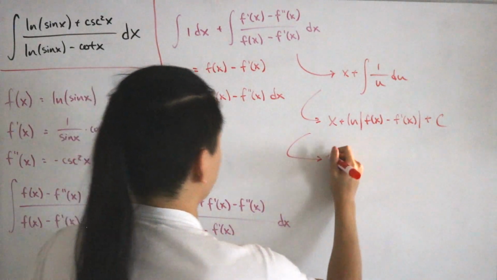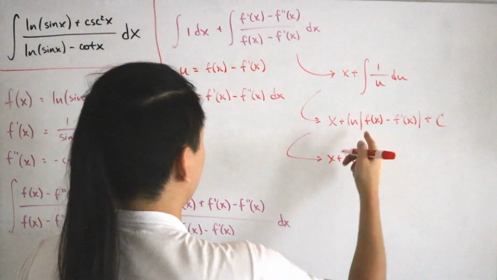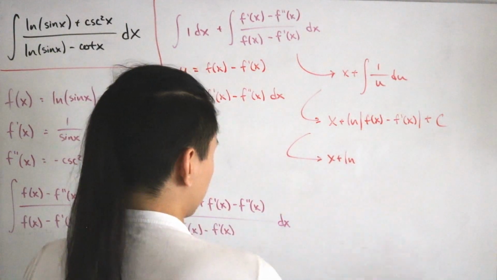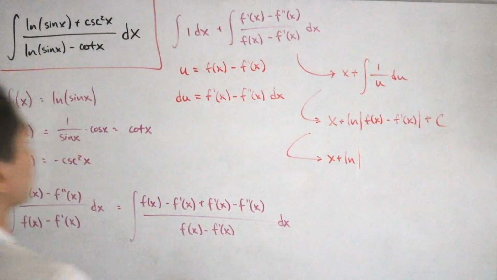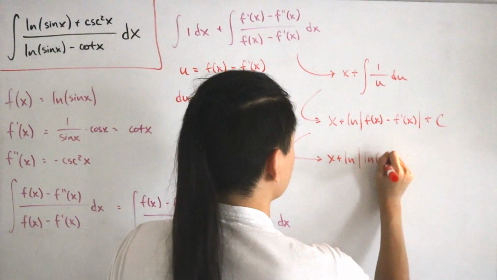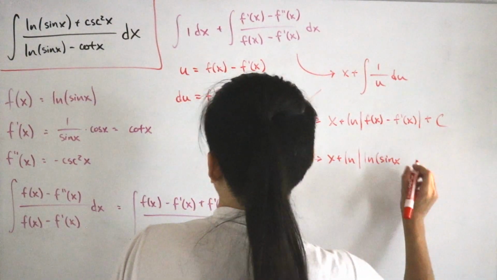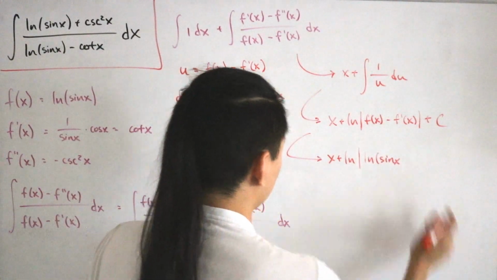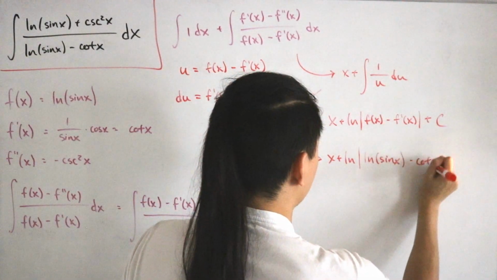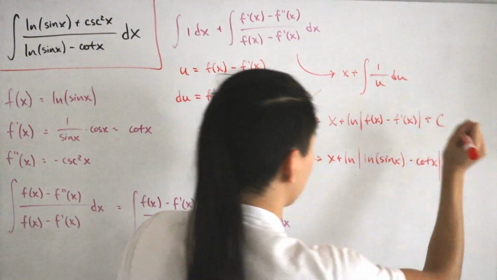So the last step is x plus the natural log of the absolute value of f of x, which we said is the natural log of sine of x, minus f prime of x, which is minus cotangent x, close that off, and all we're left with is plus c. And so there we have it.